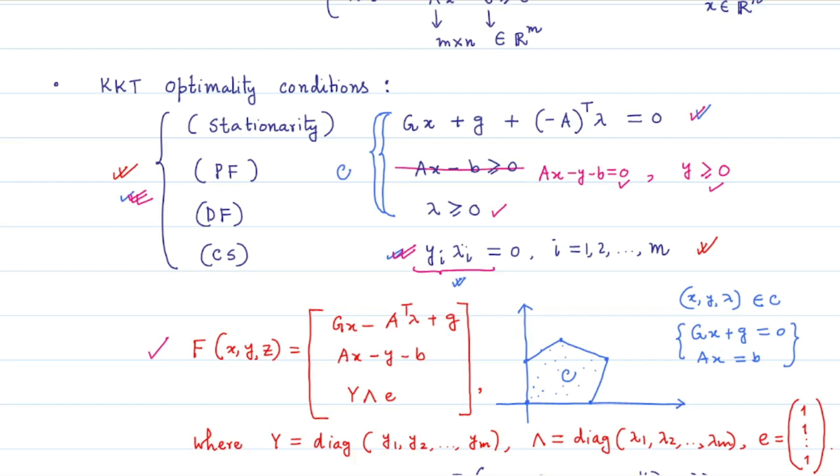That is, it is a combinatorial condition: you check whether yi is greater than 0 or not. If greater than 0, then we need to take lambda i equal to 0, or if lambda i is greater than 0, then we have to take yi to be 0.